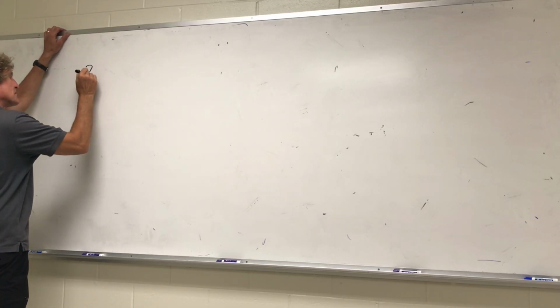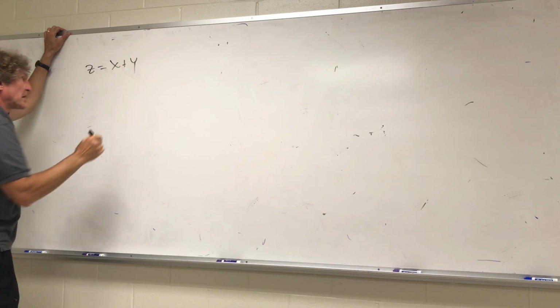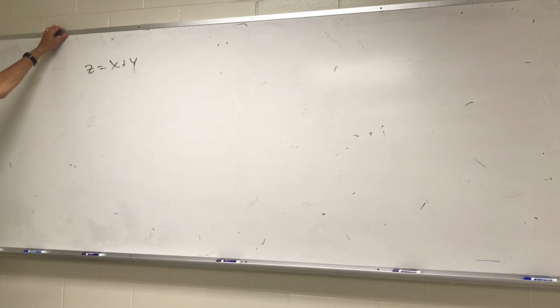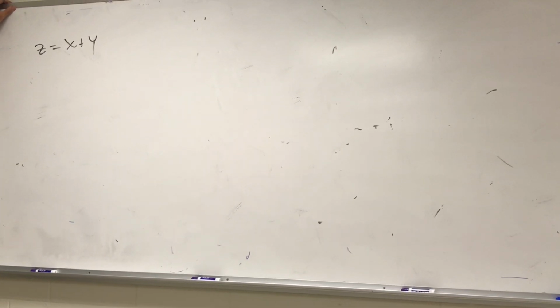So we're going to have z equal to x plus y. These are 2 variables, statistically independent, I should say. We just did the ones where we had a correlation coefficient, but this is important.